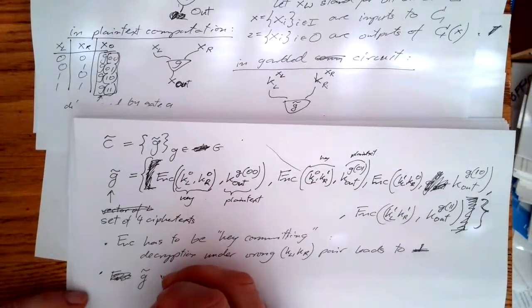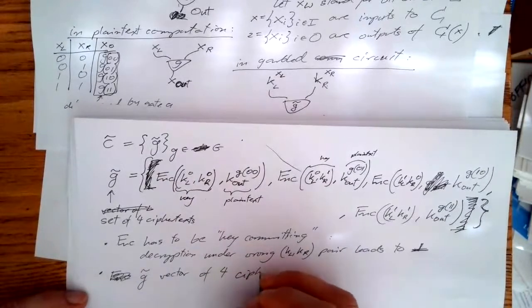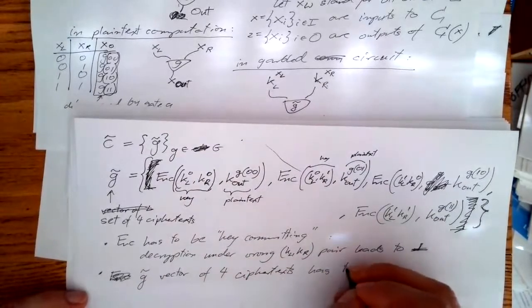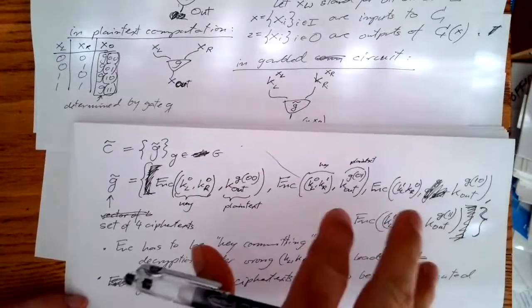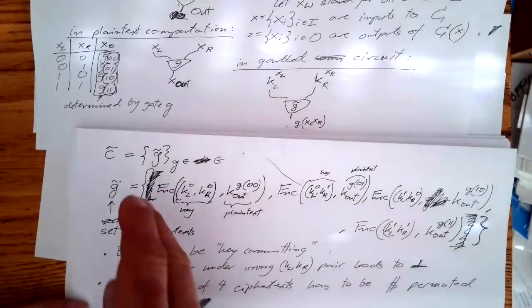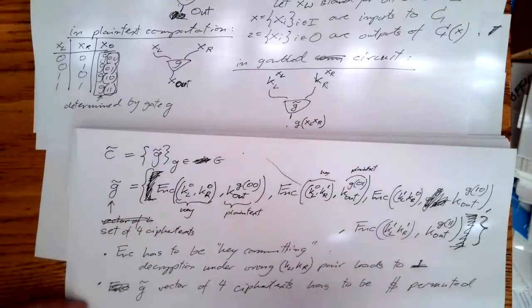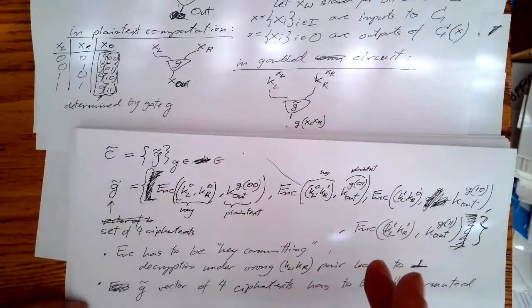The vector of 4 ciphertexts has to be randomly permuted. So during garbling, the garbler cannot simply enumerate these 4 ciphertexts in a canonical order. He has to create them and then permute them.